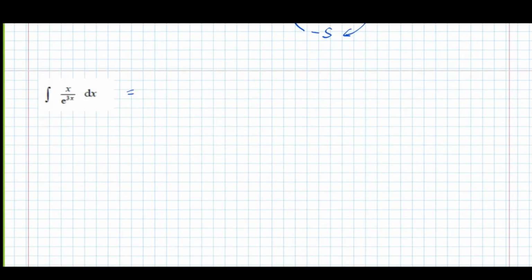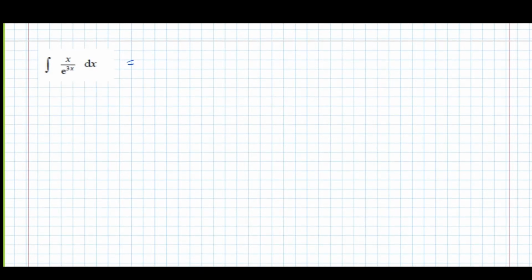Right, so it's not the product of two things currently, so we need to write it as such. Equals the integral of x e to the minus 3x dx. So now we are ready to use integration by parts. It's the product of two functions. That's not a hard and fast rule. There are some exceptions, but once we've done all of integration, I'm thinking of doing a week's lesson on just when to use each method.